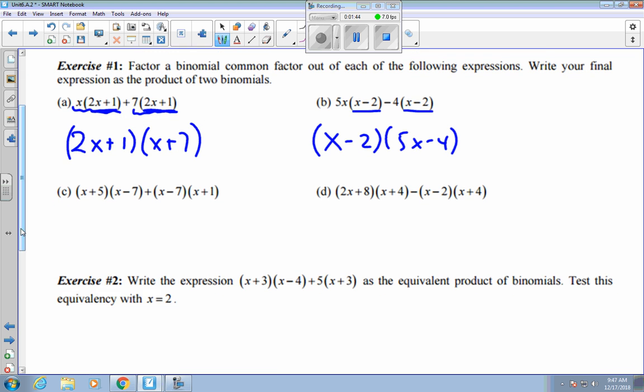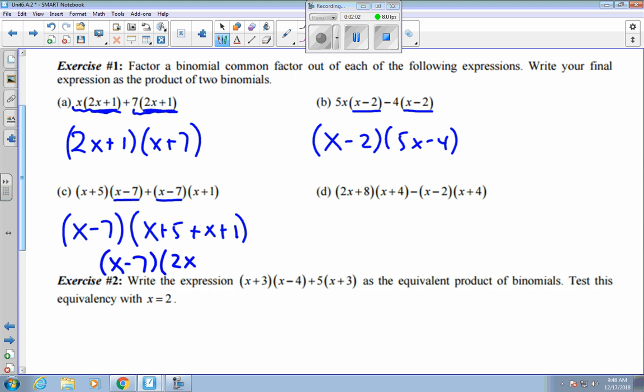Now the next one, you have the x minus 7 that you take out, but I also have an x plus 5 plus x plus 1. So there's 2 more binomials that you will need to combine. So then we have x minus 7, and then it's 2x plus 6. Final one, letter D, you take out the x plus 4.